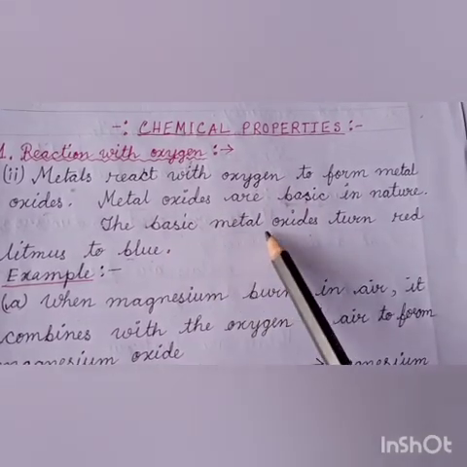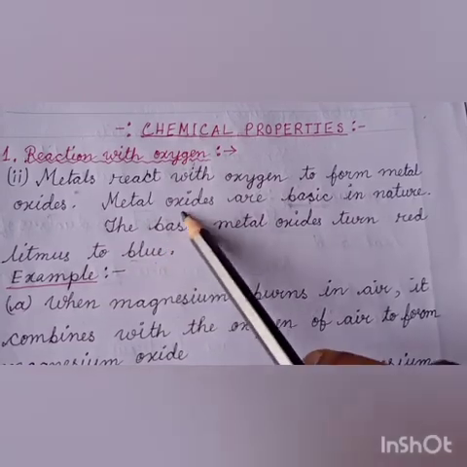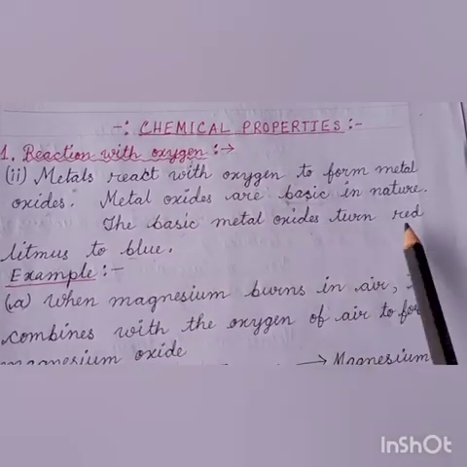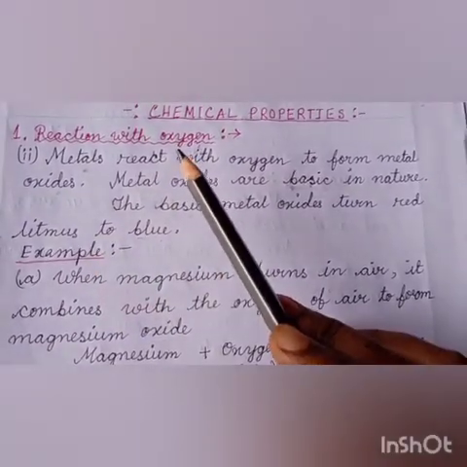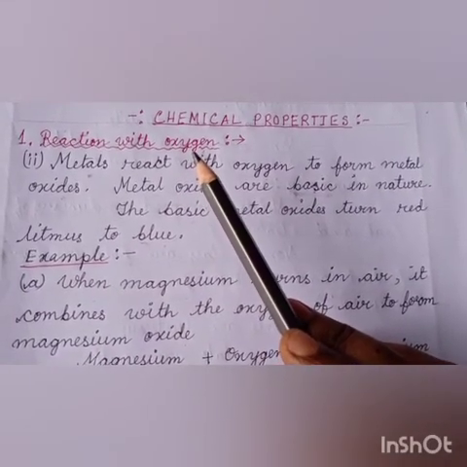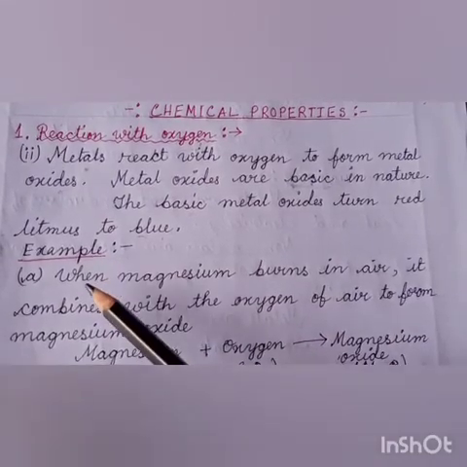Basic substances turn red litmus to blue. So metal oxides turn red litmus to blue. How metals react with oxygen, we will understand by some examples.